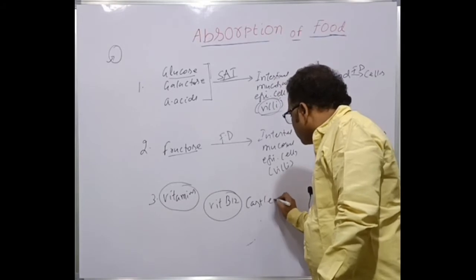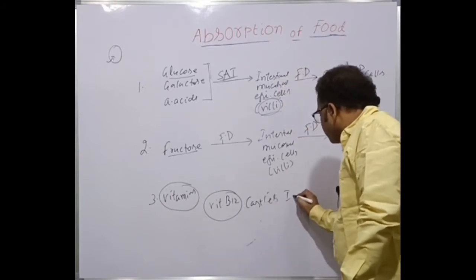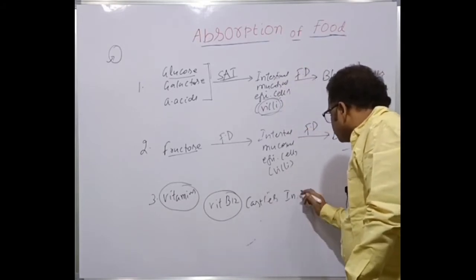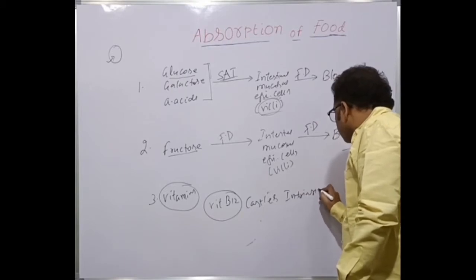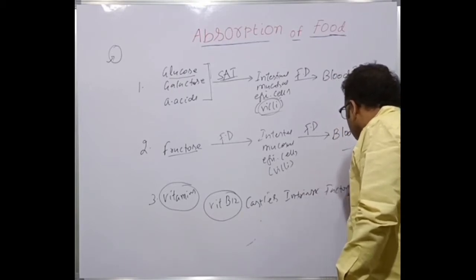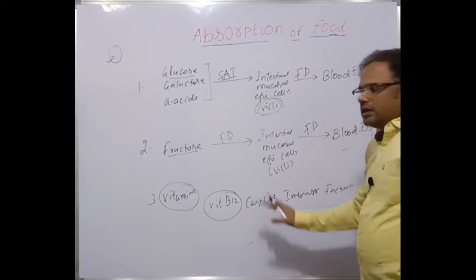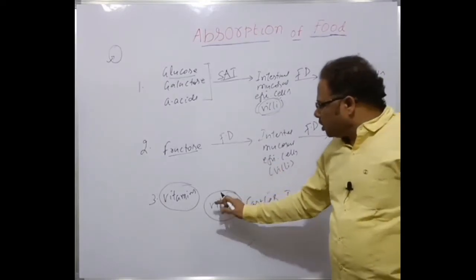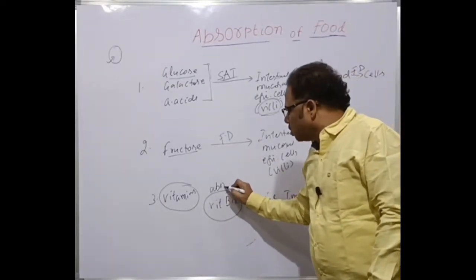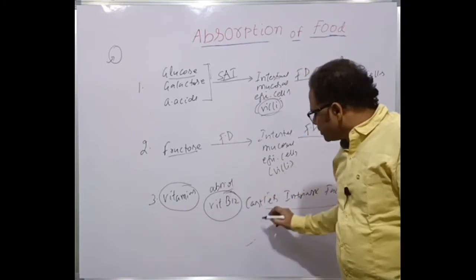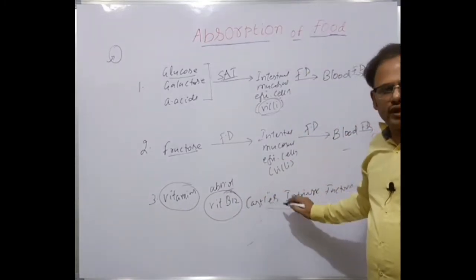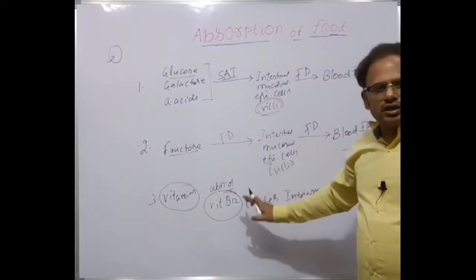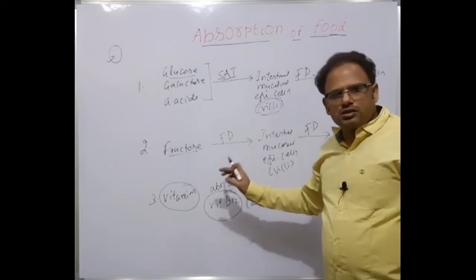The intrinsic factor present in the gastric juice is necessary for the absorption of vitamin B12. What is required? The intrinsic factor, and this factor is present in the gastric juice of the stomach.